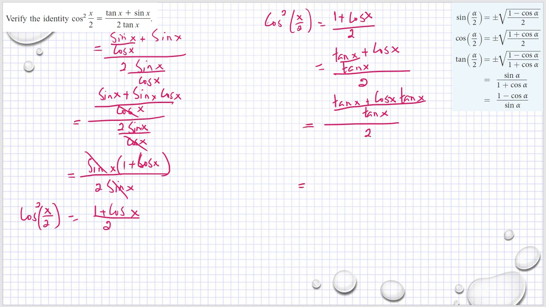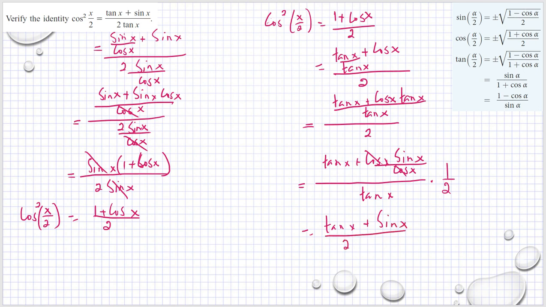Then we have tangent x plus cosine x, with tangent as sine x over cosine x, over tangent x multiplied by 1/2. Then this will become 1. Then we have tangent x plus sine x over 2 tangent x.